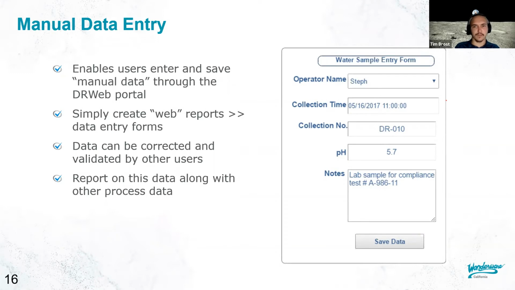One of the hassles with manual entry is you have to do some type of management after that data entry, whether that's taking it from paper and pen and putting it into an Excel, or filing all the log sheets in a binder, which can be difficult to retrieve and manage.